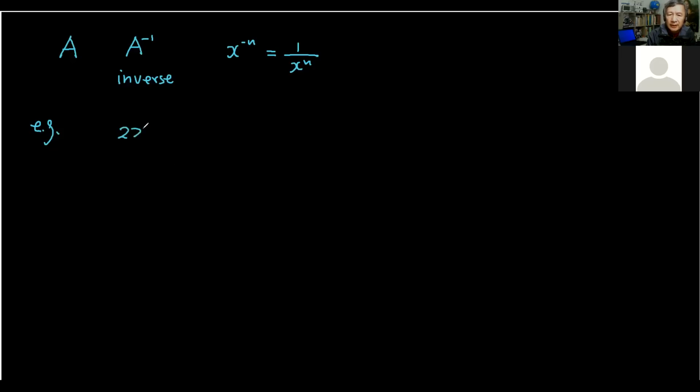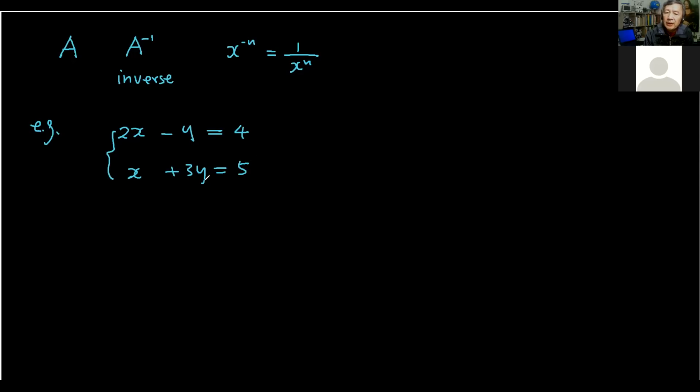So 2x minus y equals 4, we just make this up, and x plus y equals 5. This is a pair of simultaneous linear equations.